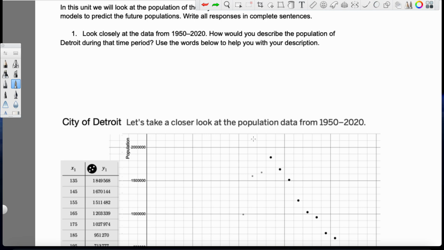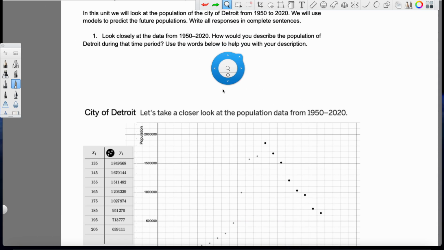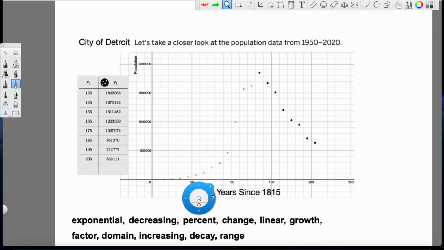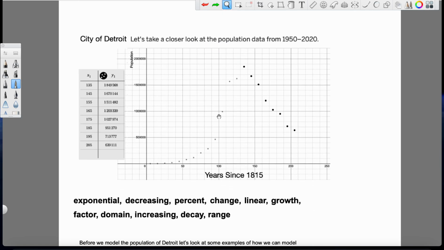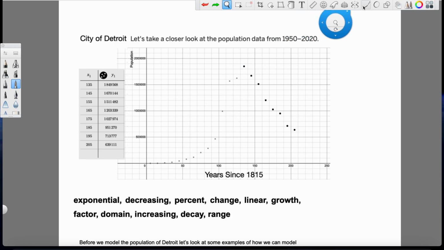We're looking at 1950 to 2020, and I gave you a word bank right here to describe what you see here of the population from this period. And it's going down, but how is it going down? How would you describe it using maybe some of these words?